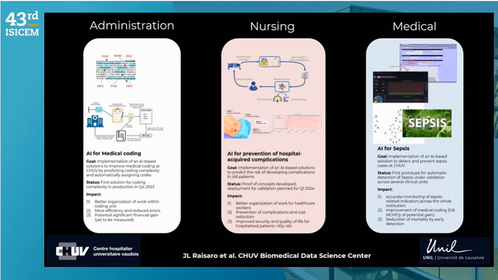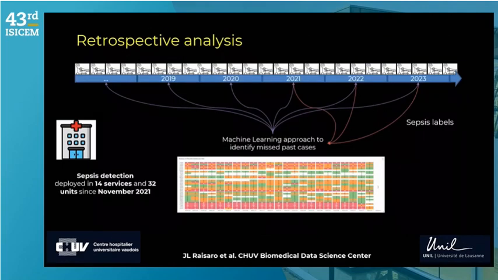And then in the end, a sepsis predictive model, on which I'm going to spend 2 more slides. With the use of the sepsis predictive model, they were able to show that it's also very useful in identifying the exact coding and therefore, again, financial gain. This was a retrospective analysis conducted in 14 services within our hospital.